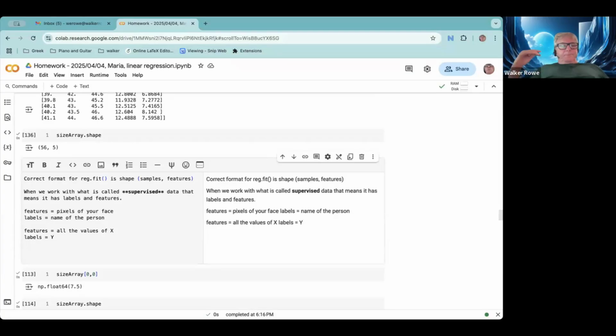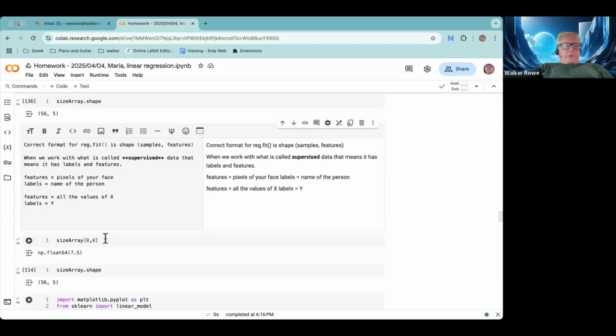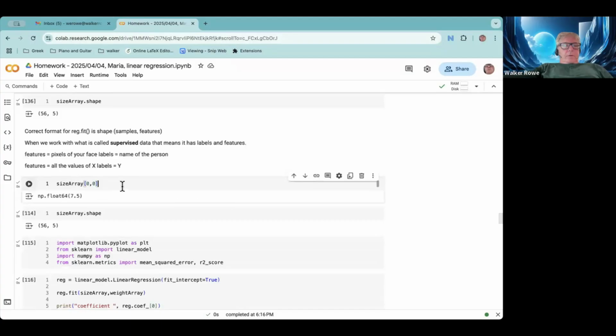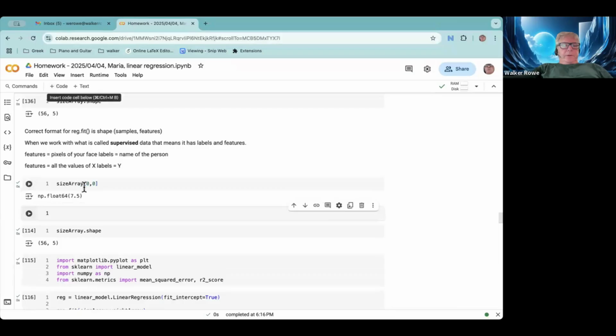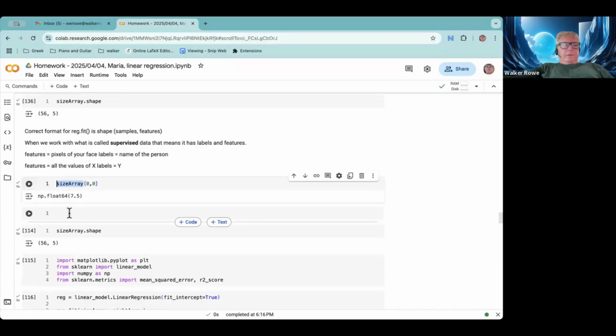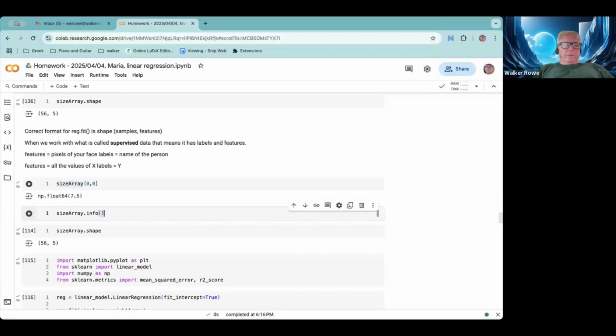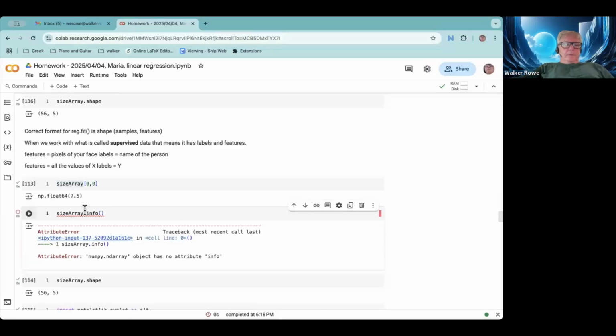Here she just prints the first element. This is the first row. This is the first column. We could also do, can we do info? I don't think you can do info on a Numpy array. You do that on a data frame. No, can't do that.